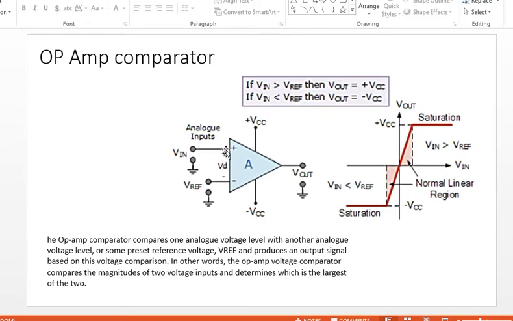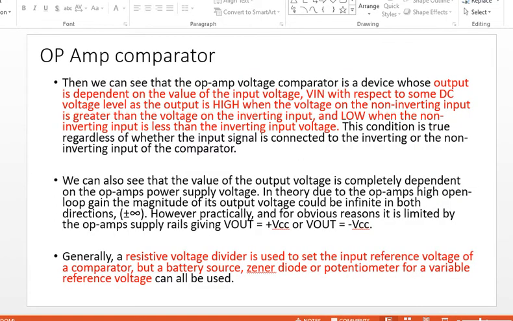And when your V input is less than V reference, then your output is equal to negative VCC, right? ये आपका flip करता है between two saturation voltages, positive VCC and negative VCC. And ये reference voltage आपके feedback से will be fed to your negative terminal, and on the positive whatever voltage is, you will observe in the coming slide, right?